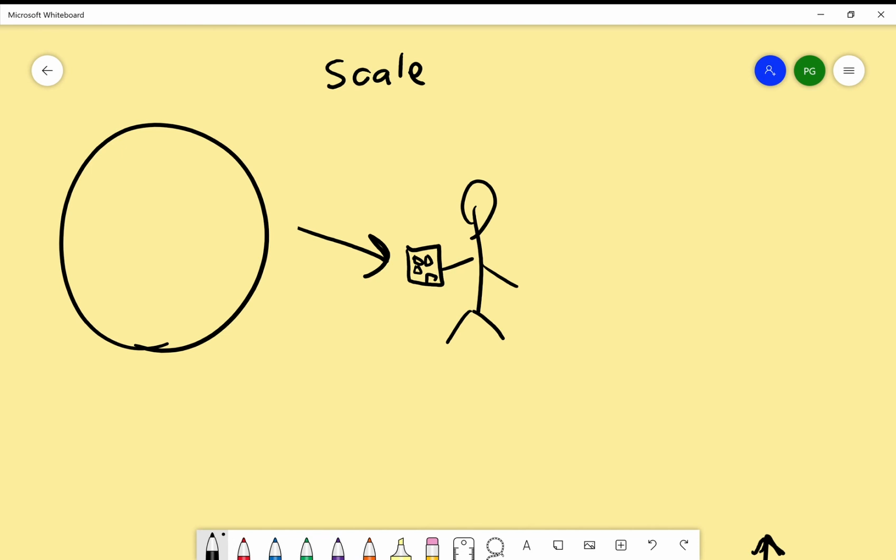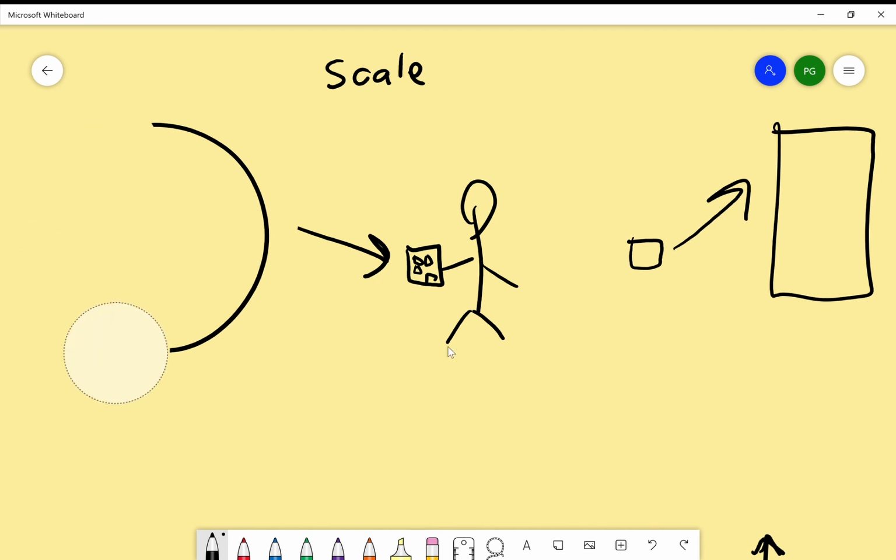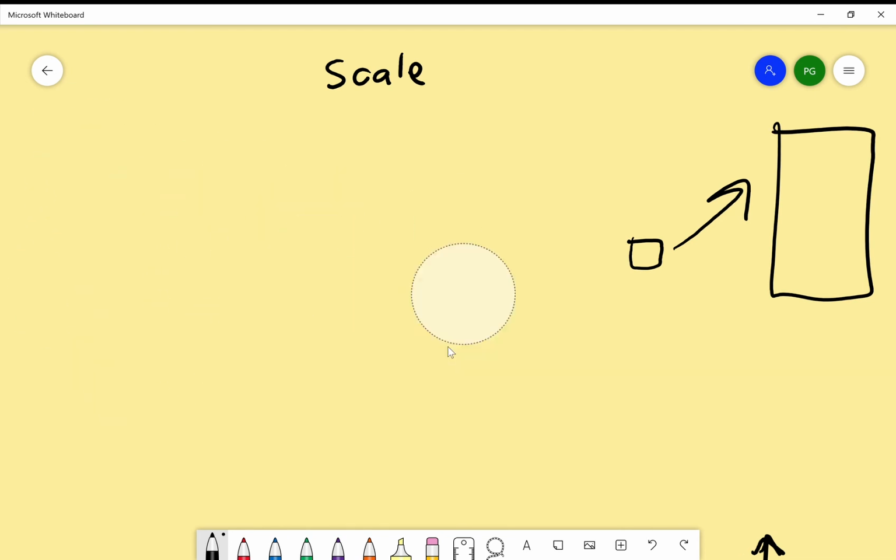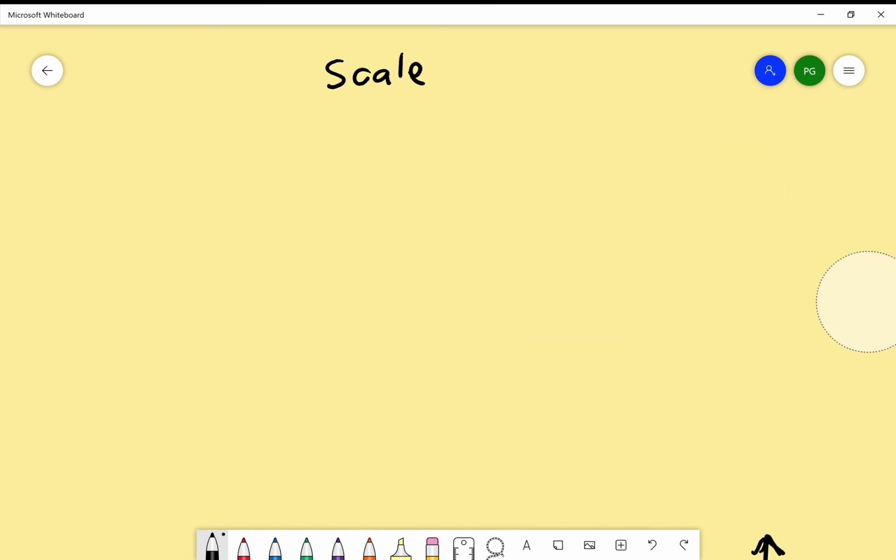Or it can work the other way, where you take something that's really small and you make it really big, as long as it stays proportional, okay? So, to learn about scale, what we're going to focus on today is called a scale factor. Now, a scale factor is, I misspelled that.